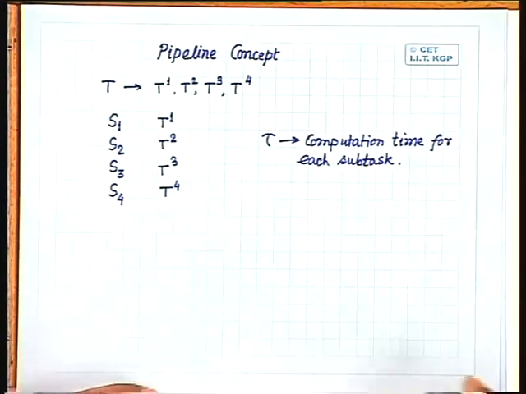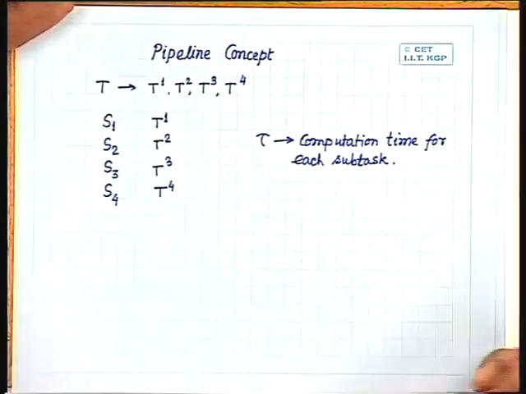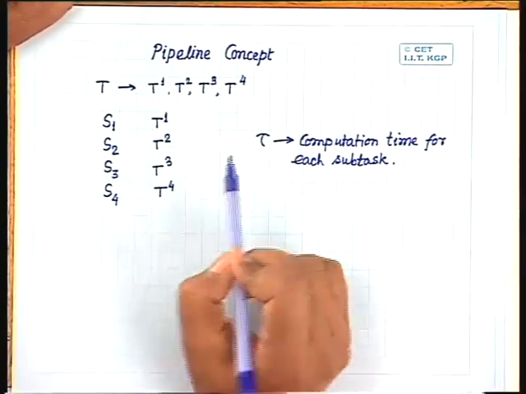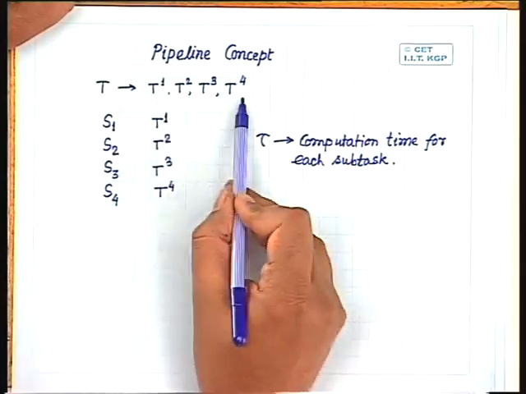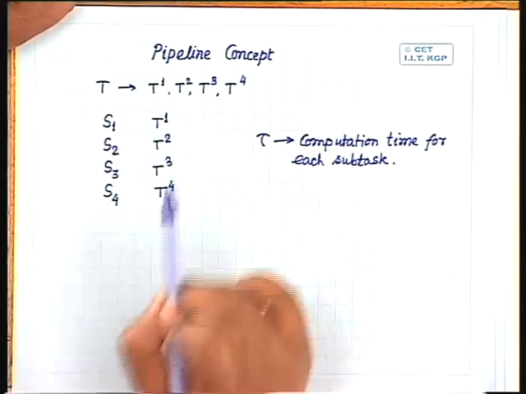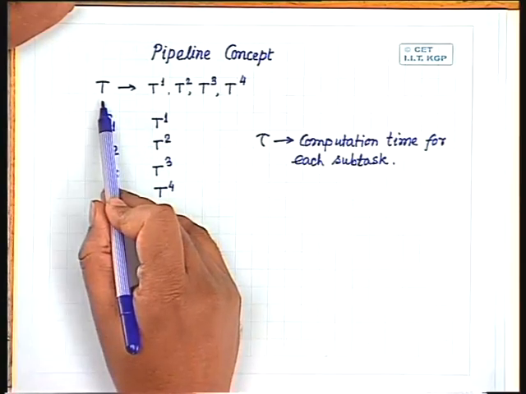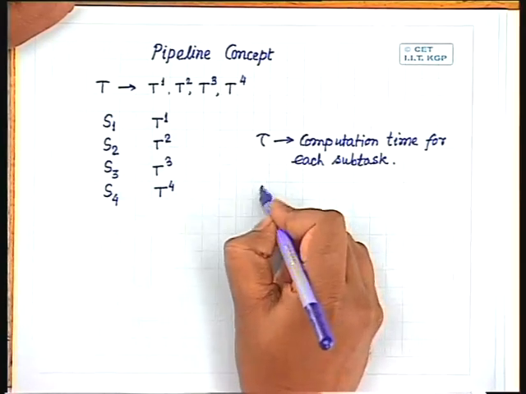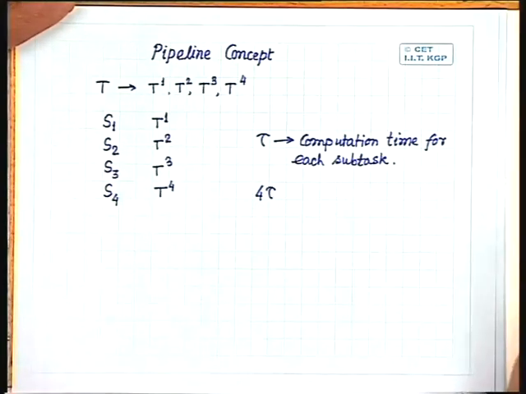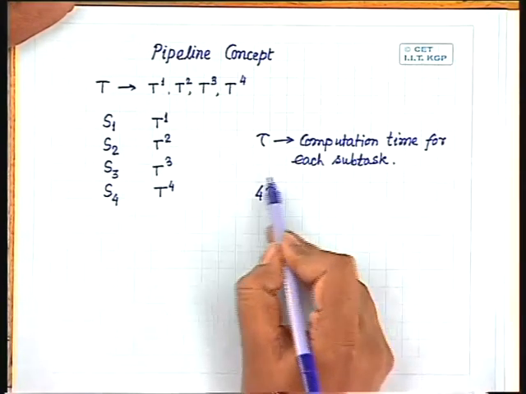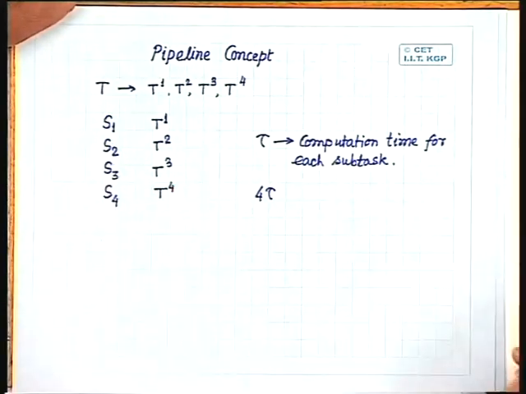Right? Now find that if tau is the time for computation of each of these subtasks, then on a single processing machine, if I have to compute these tasks in this given order, then for completion of this task T, the time taken is 4 tau, because the task T has been divided into 4 subtasks. So the total time of execution for this task T is 4 tau.